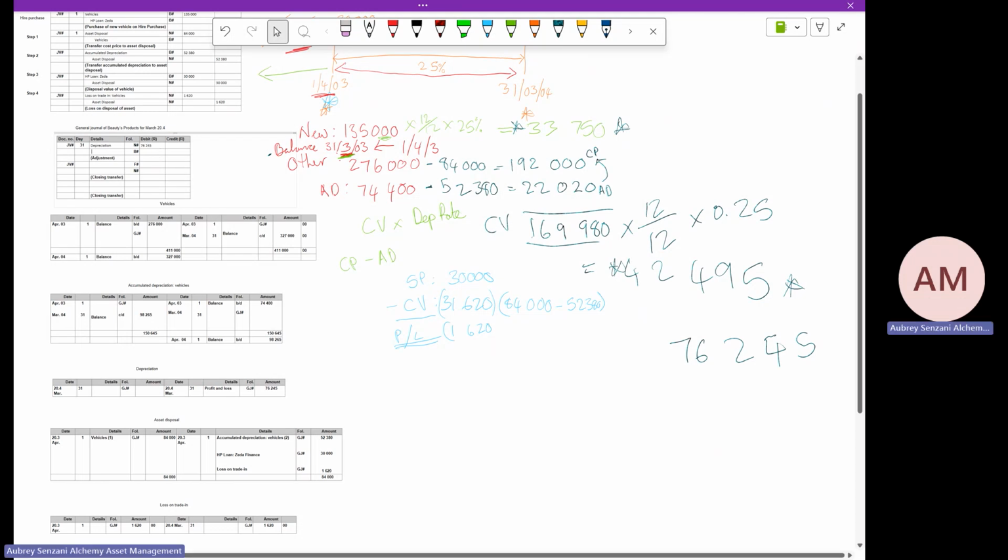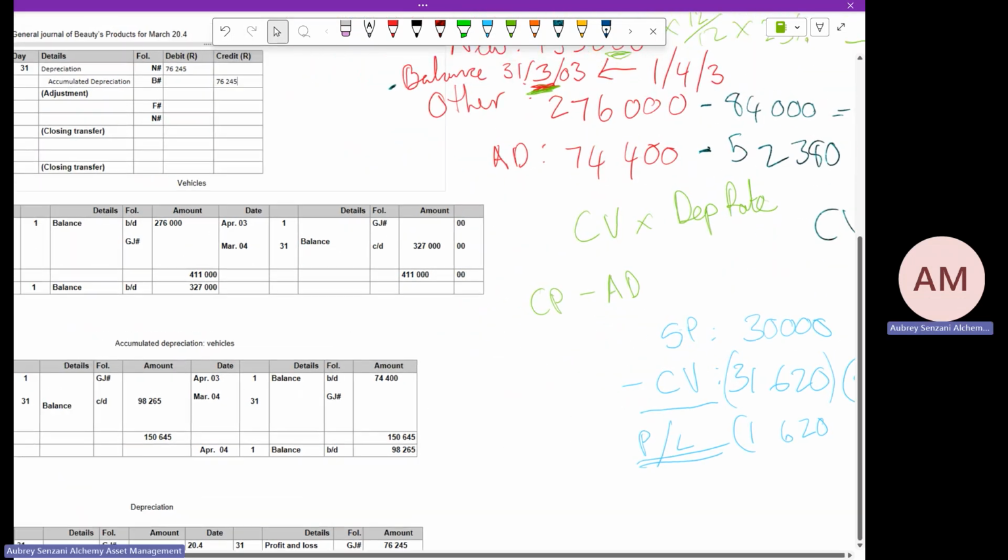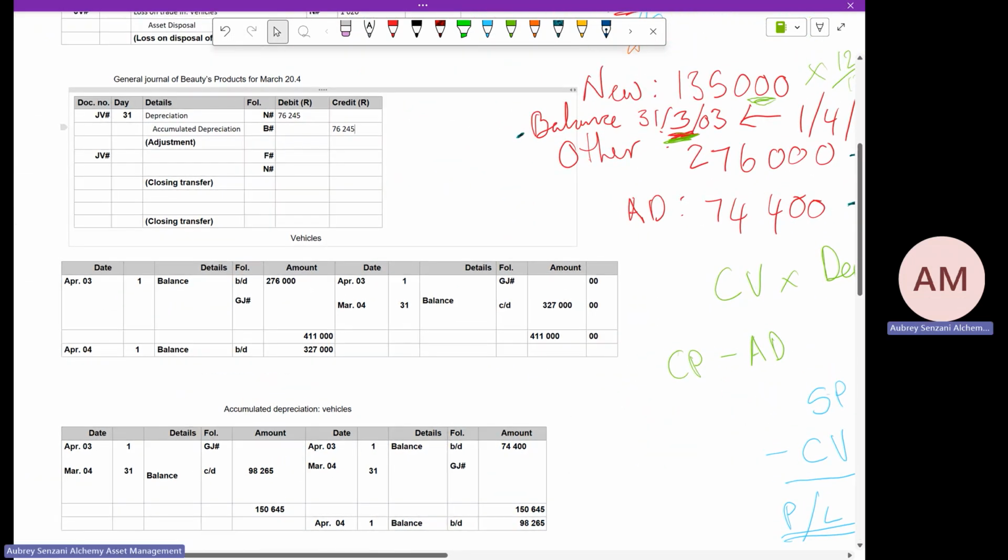And then when we have depreciation, we know we have accumulated depreciation, and that's going to be a copy of that. Sorry, I'm just zooming out so we can see where I'm pulling the numbers from. I'm sure that's more clear for you.